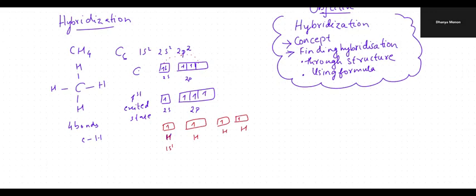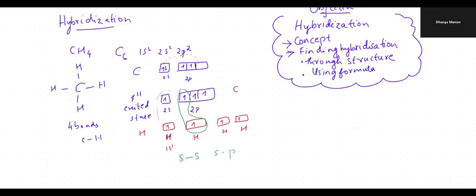This is hydrogen and this is carbon. So how are the 4 bonds formed? One bond is formed between the 1s orbital of hydrogen and the 2s orbital of carbon. Another bond is formed between the 1s orbital of hydrogen and a p orbital of carbon.